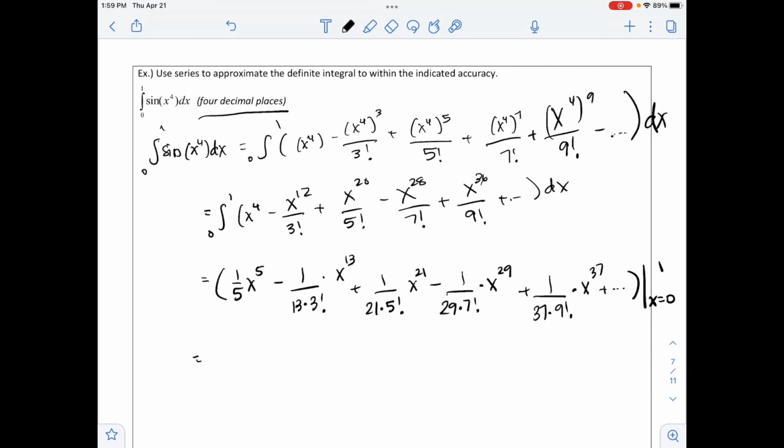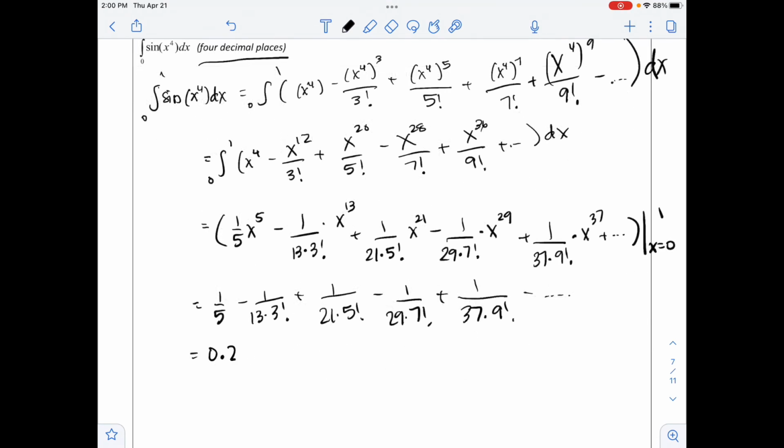So this is going to be 1/5 minus 1 over 13 times 3 factorial, plus 1 over 21 times 5 factorial, minus 1 over 29 times 7 factorial, plus 1 over 37 times 9 factorial, and again this continues on. And this wants the series to be correct to 4 decimal places. So let's look at these as decimals.